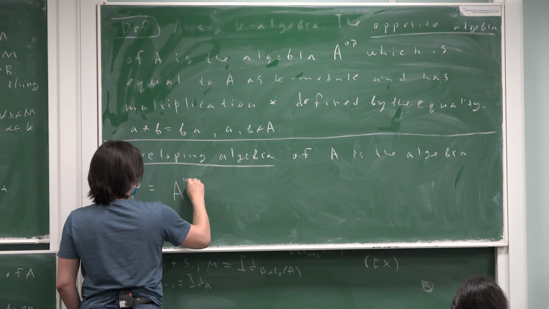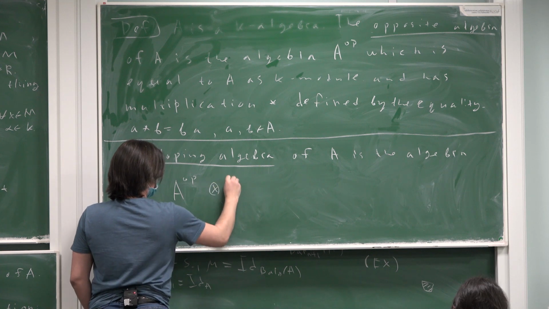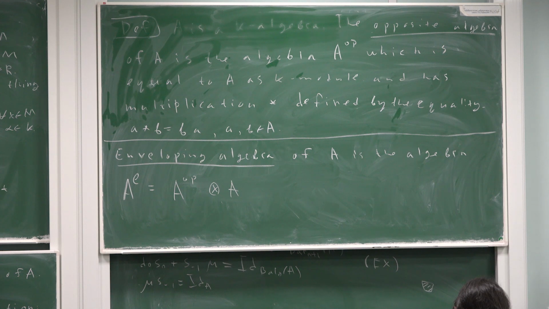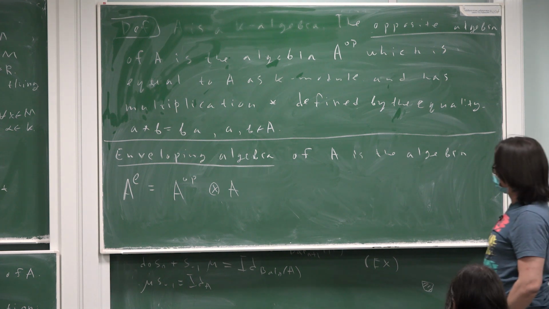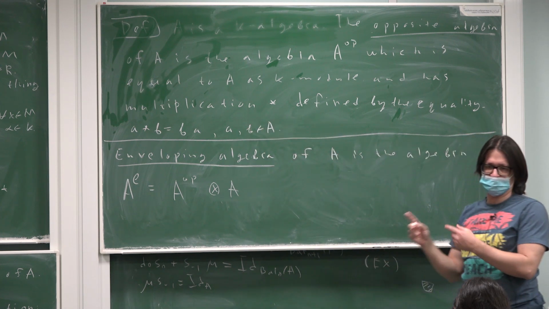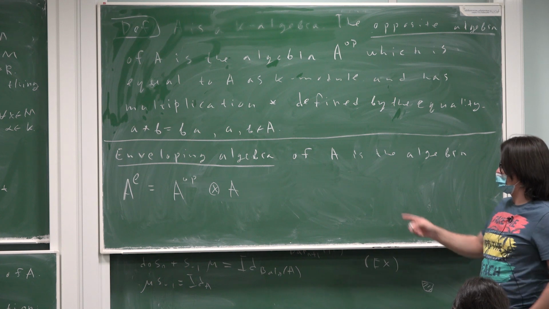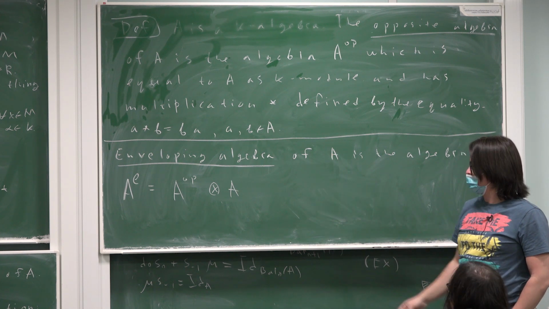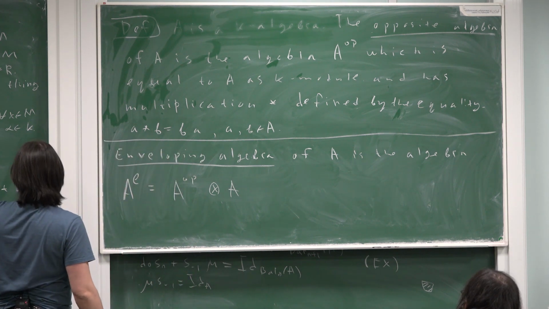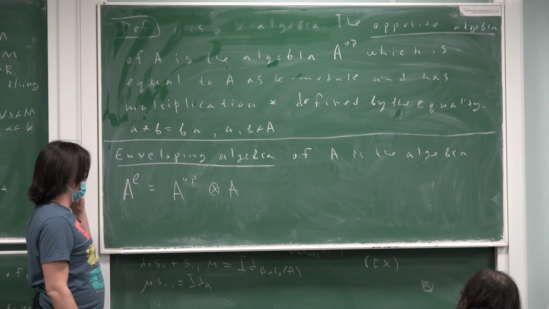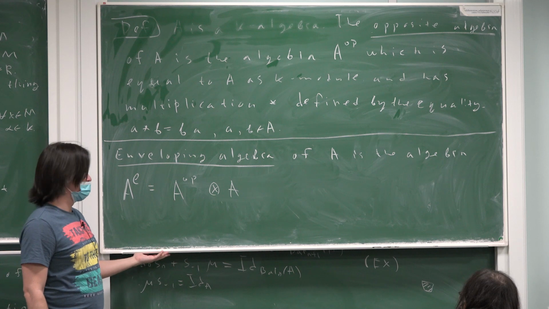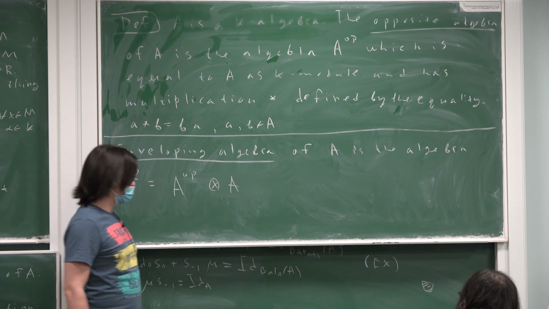It is A op tensor A. So if A is a K-algebra, then A op is a K-algebra, of course, where the map from K to A op is the same as the map from K to A, and A^E is a K-algebra where the structure map epsilon sends alpha to alpha tensor 1 or 1 tensor alpha. It's the same thing because this tensor is over K.